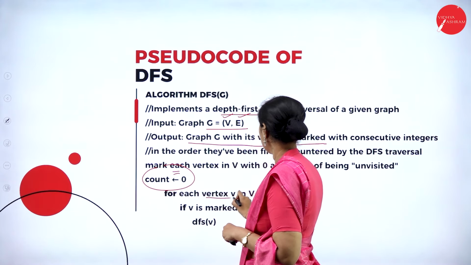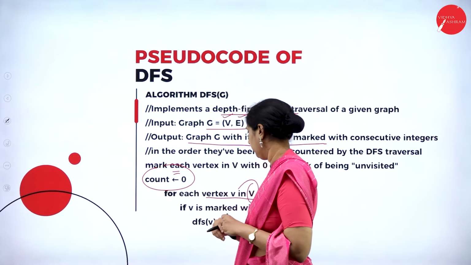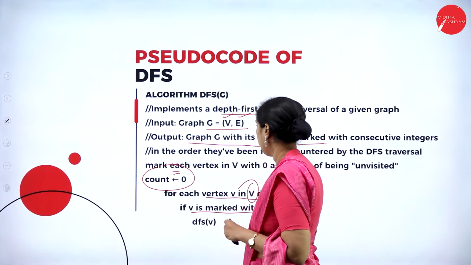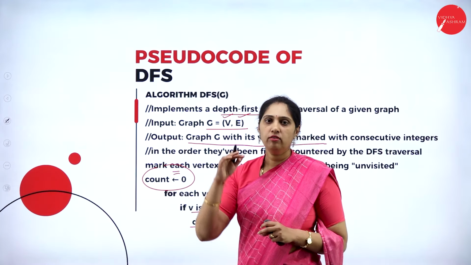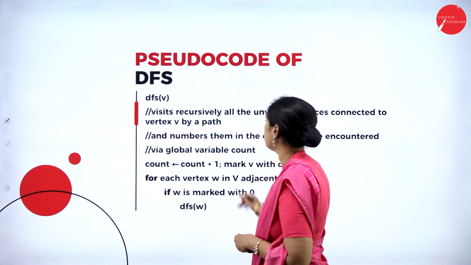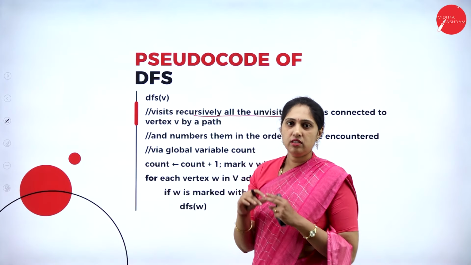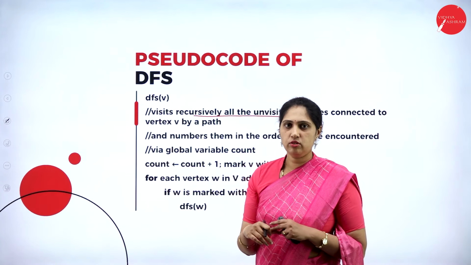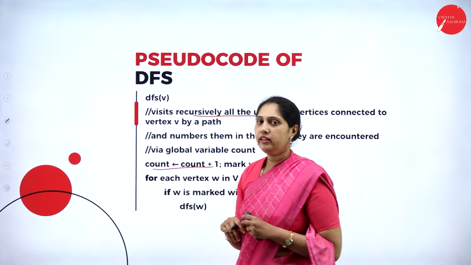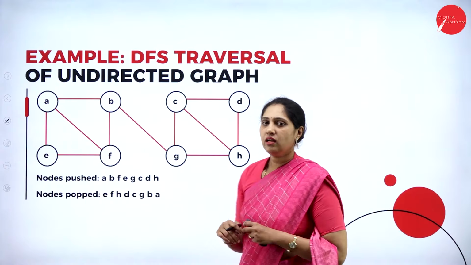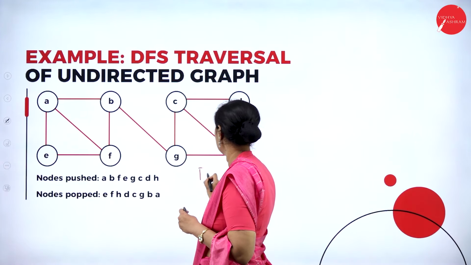For each vertex V in capital V, V is a vertex to be visited. First time V will be marked with 0. At that time we call a function DFS of V, passing the vertex. Next, you recursively visit the vertices you have not visited, at least once. Each time the count will be incremented. So this is an example of how to write DFS.